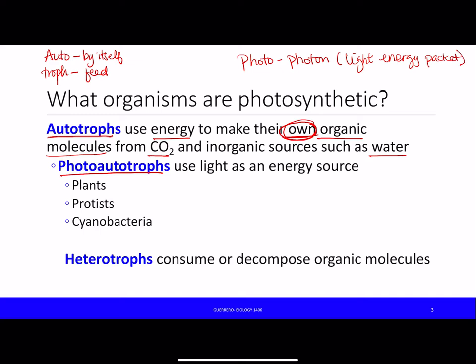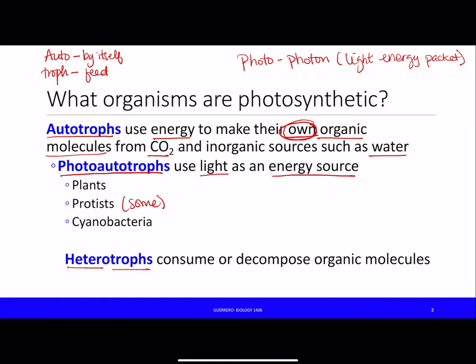So photoautotrophs make their own organic compounds using light energy, and normally it's light in the form of sunlight, but it can also be lights in your house if they need to. Now, our classic examples of photoautotrophs are plants, cyanobacteria, and some protists. Not all protists are photosynthetic, so some.